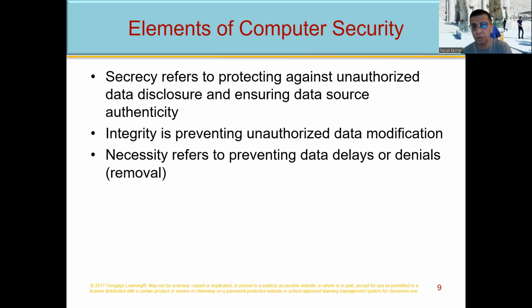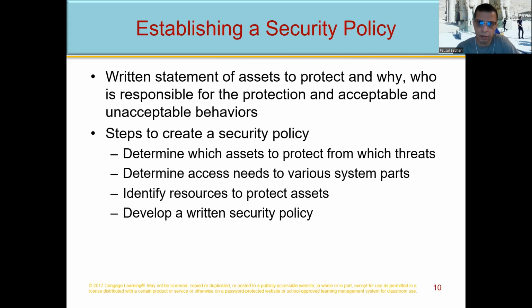Integrity is preventing unauthorized data modification. Necessity refers to preventing data delays, denials, or removals. Imagine one student says that he changed marks in the college. What are the consequences of that?